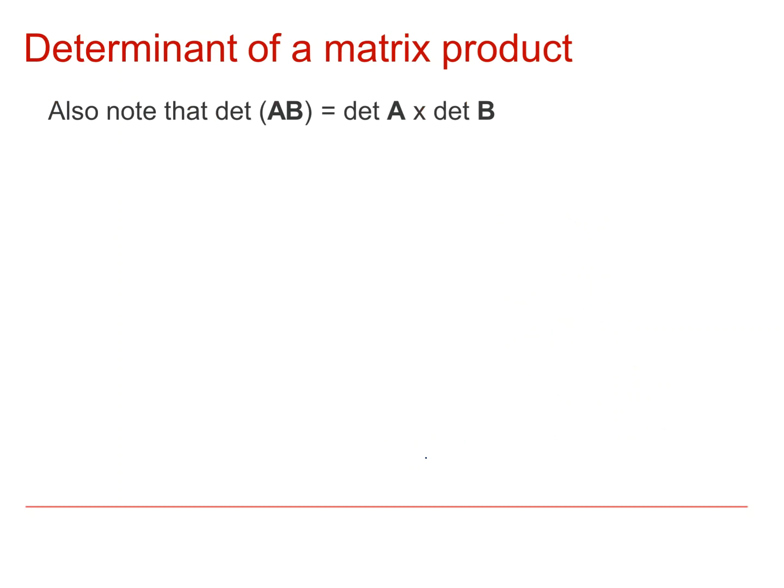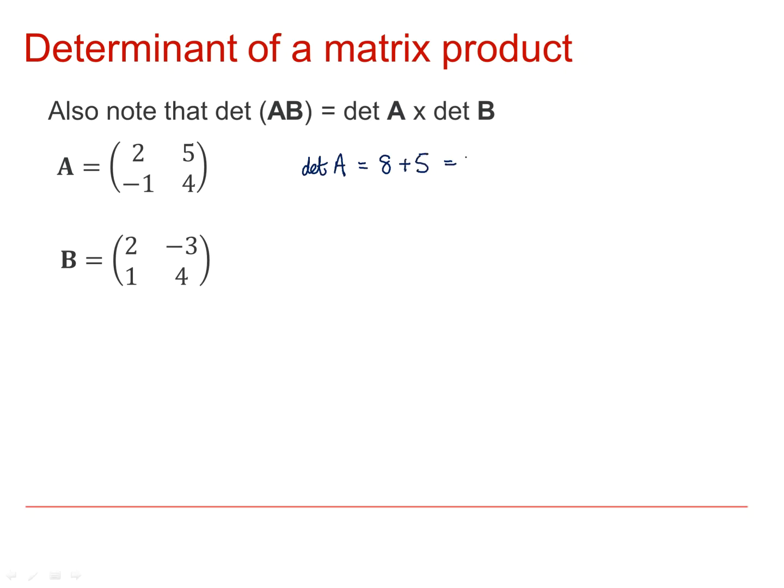The second important result is to notice that the determinant of AB is equal to the determinant of A multiplied by the determinant of B. I'm not going to prove this, but we will just check it for a numerical example. So here the determinant of A is equal to 2 times 4 is 8, take away minus 5, which is 13.